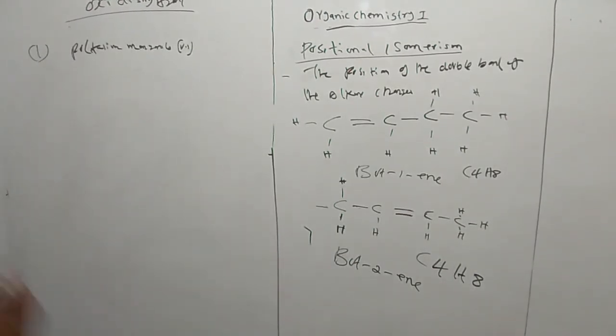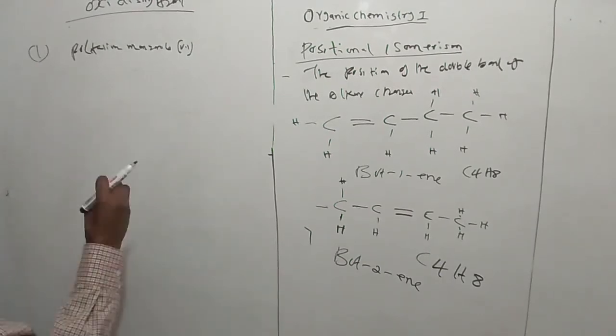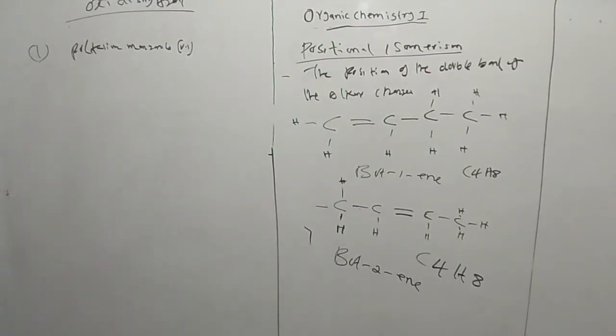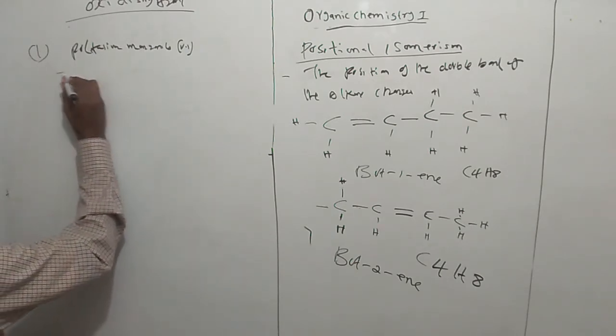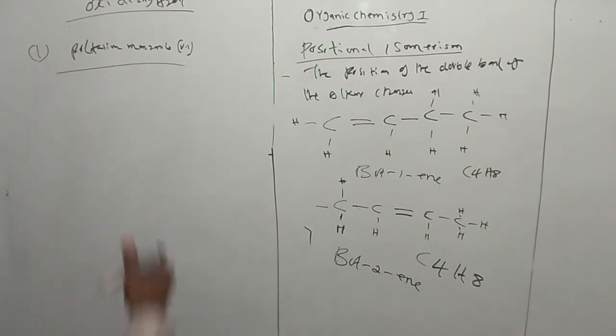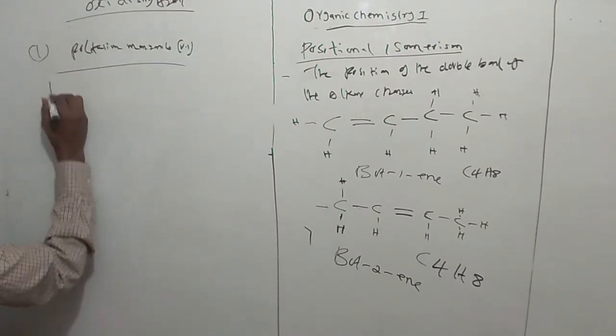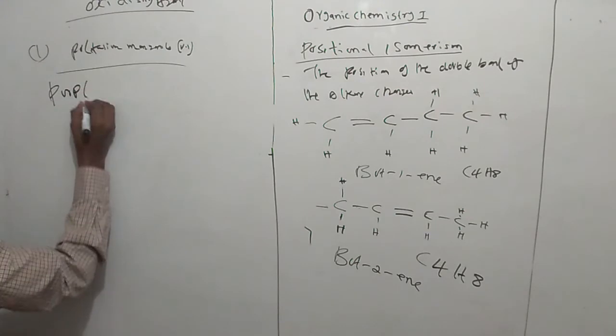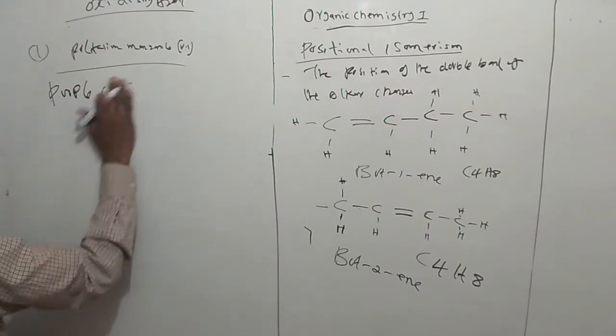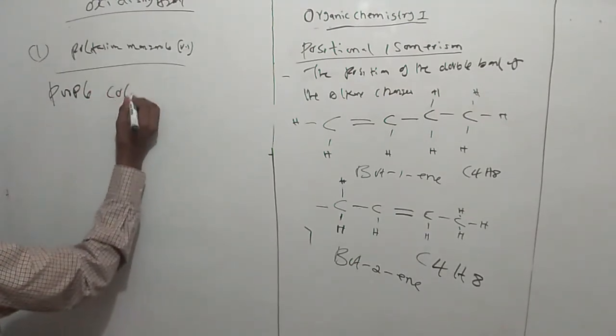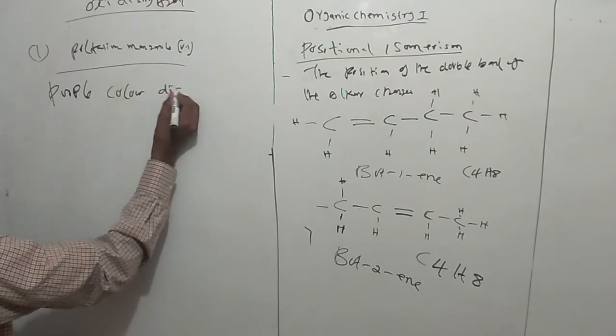Alkanes are saturated, but these alkenes are unsaturated. It means they can oxidize. For the example of potassium manganate 7, if we add alkene to potassium manganate 7, the purple color disappears.